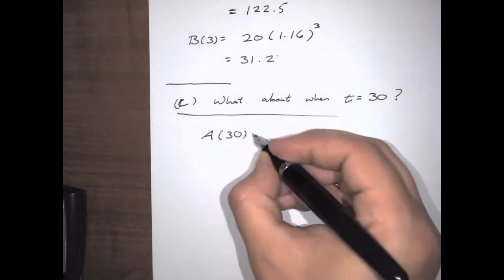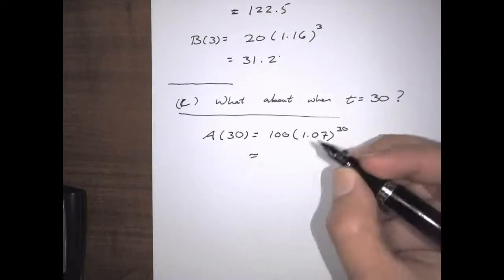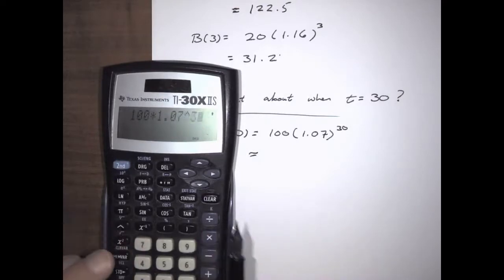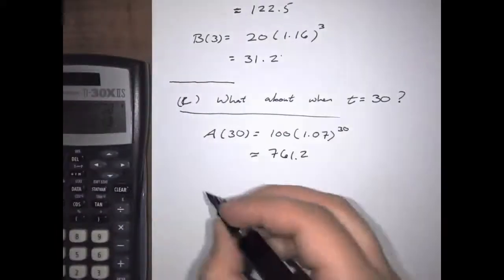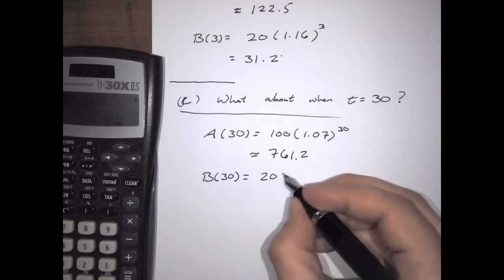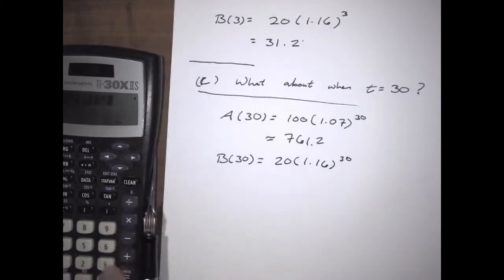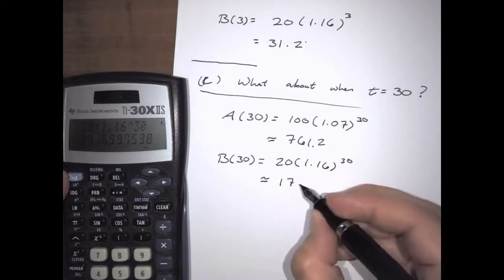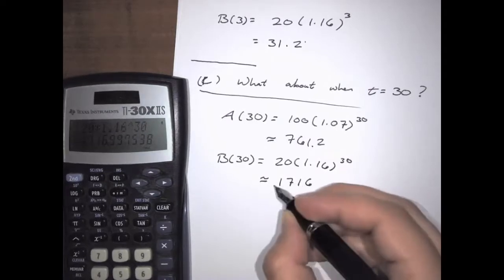So now A of 30 would be 100 times 1.07 to the 30th, which will equal 761.2, and B of 30 will equal 20 times 1.16 to the 30th, and you'll notice that now it is 1716.99, so really I should round that.